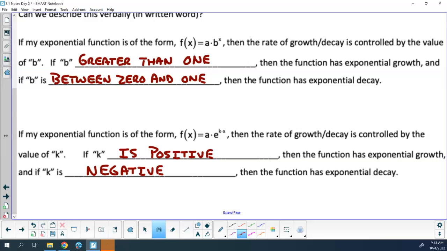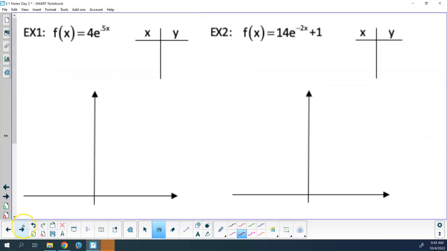Let's go to work. Let's sketch these. Okay? So, example number 1 of the sketch shown there at the bottom. Start with the horizontal asymptote. Has the horizontal asymptote been shifted? No, so it stays at y equals 0, right? So let's draw that in first.